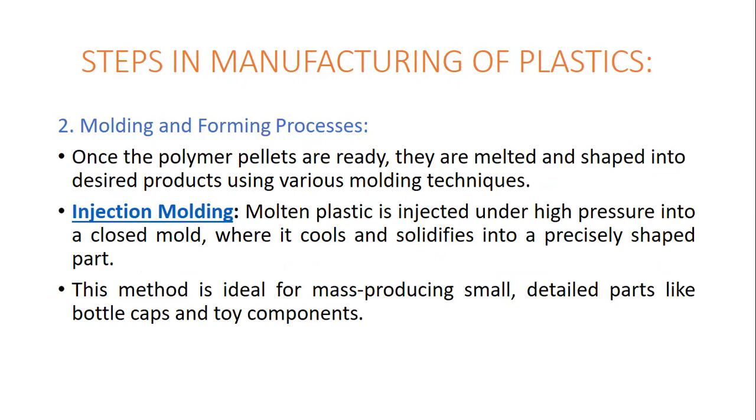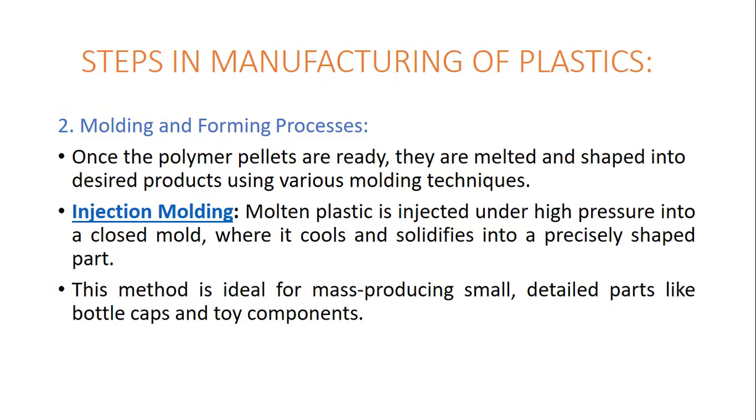Second step is the molding and forming process. Once the polymer pellets are ready, they are melted and shaped into various sizes according to the product use and application by adopting different molding techniques. The first one is injection molding.